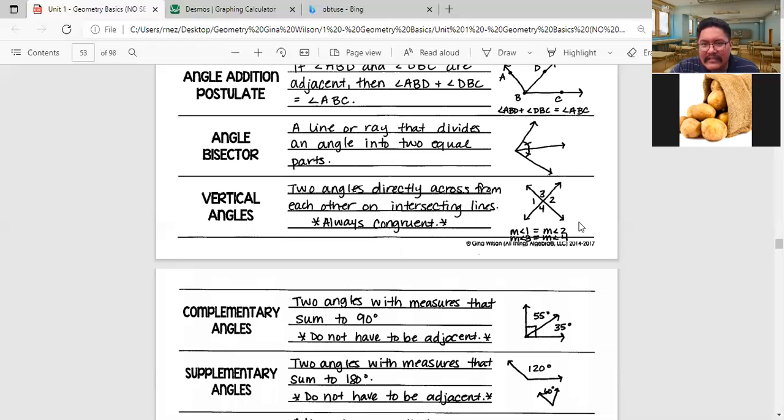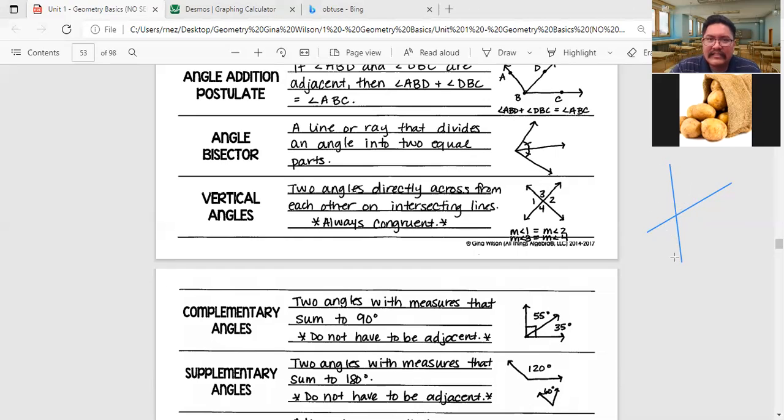Now, this is not a really good example because it looks like they're all kind of the same. Maybe I'm going to make my own lines here. In this case, it makes it look like they're all the exact same size. But let's say I were going to do something a little bit different. Now, I have two straight lines, and you can tell that this part here is different from this one and this one.